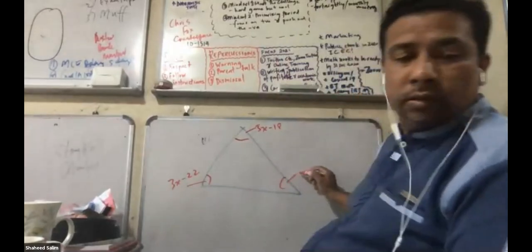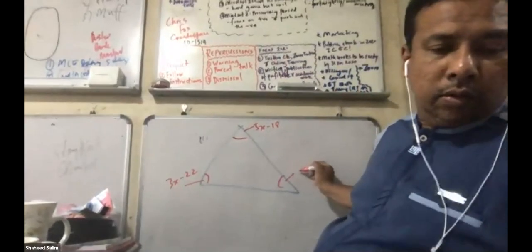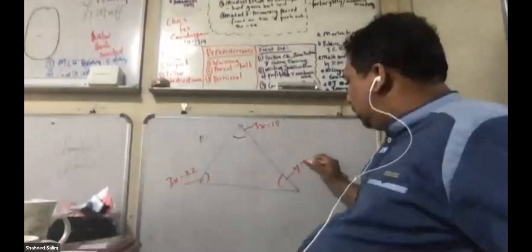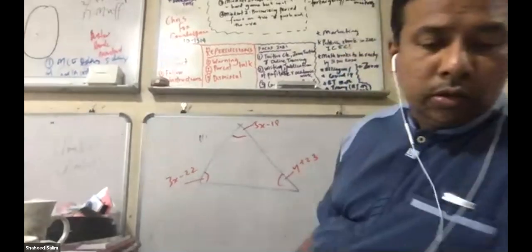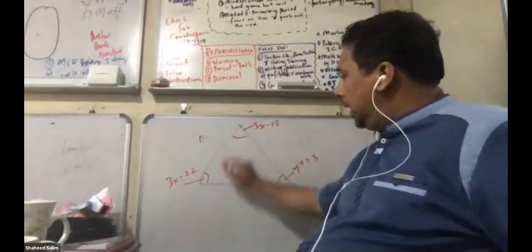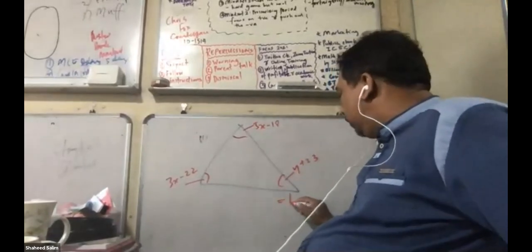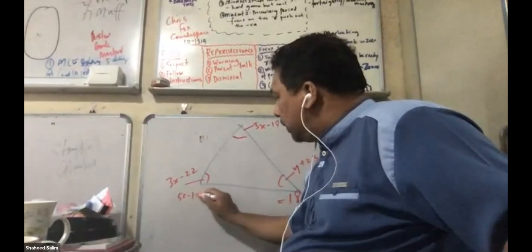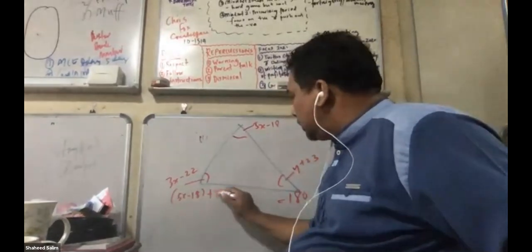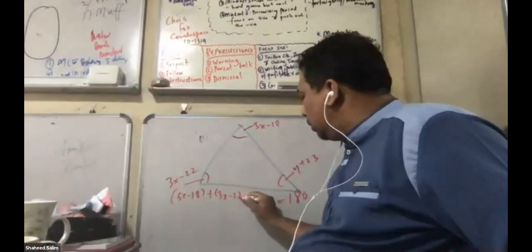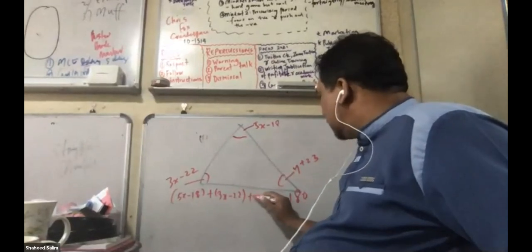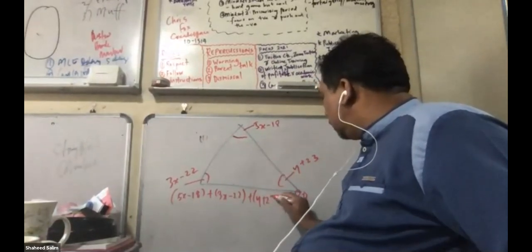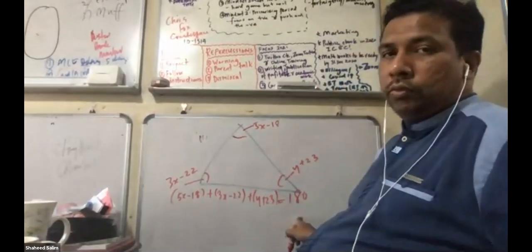This one is y plus 23, right? So these three angles, you know they add up to 180. So you must write like that first. Okay, if you want to put it in brackets, no problem. 5x minus 18 plus 3x minus 22 plus y plus 23 equals to 180.